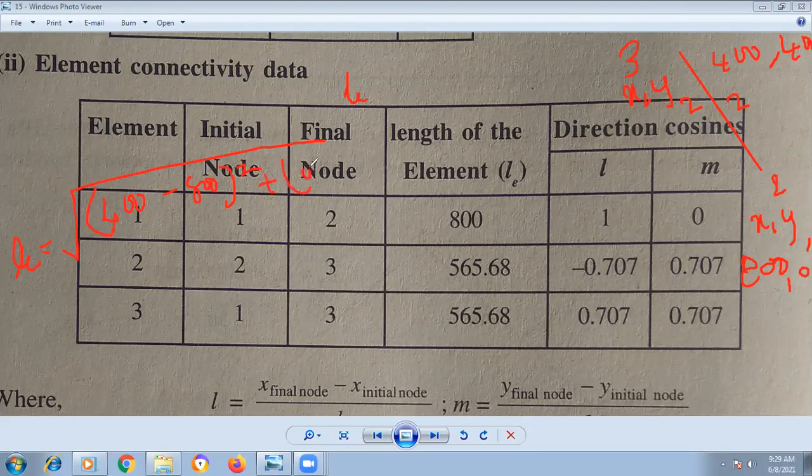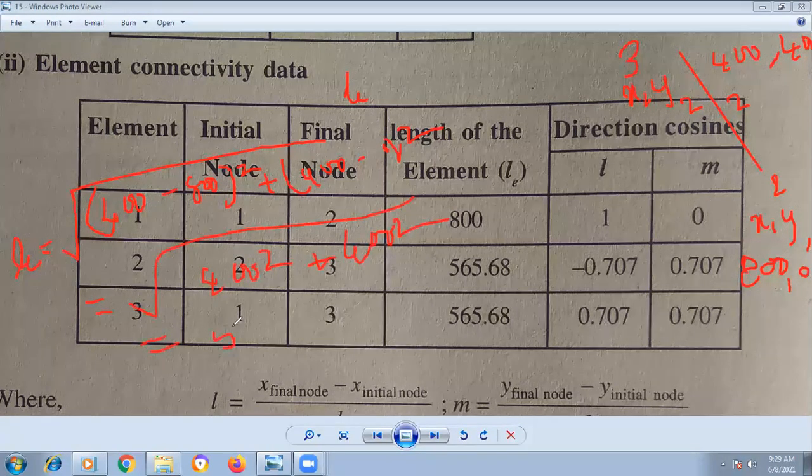plus y2 minus y1. What is y2? 400 minus 0 square. So this is root of 400 square plus 400 square. If I take the square root, it will give us 565.68. That will be our length of the element.